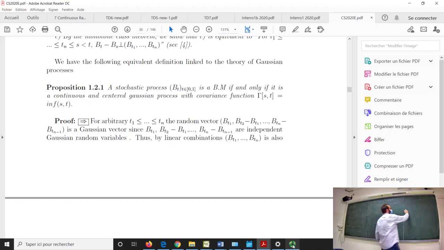If I come back to I of f, it was defined as the infinite sum of the integral between 0 and capital T of f of s Pn of s ds multiplied by Gn. This one is a particular case taking for f the indicator function.